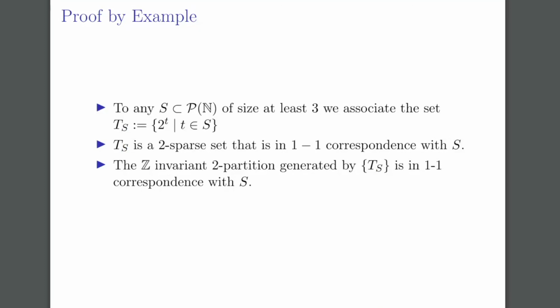There's nothing else to intersect with. So this thing can be used just by itself to generate a Z-invariant 2-partition of Z. And this is going to be uniquely determined by T_S because of this logarithm correspondence.